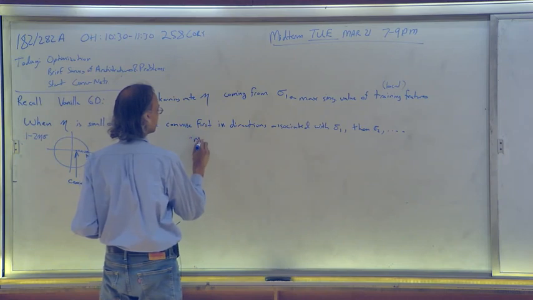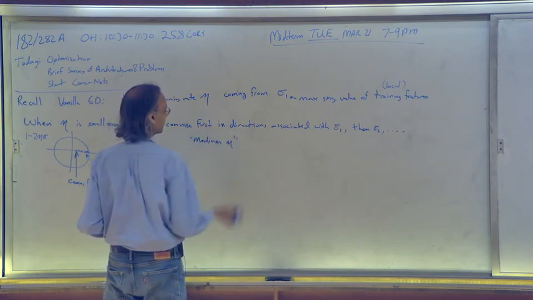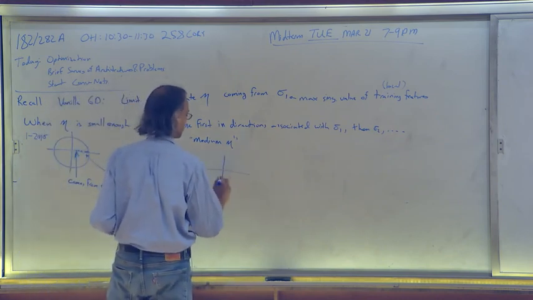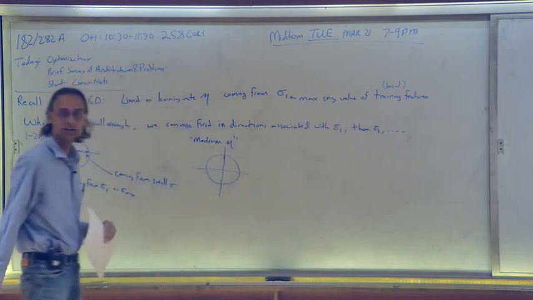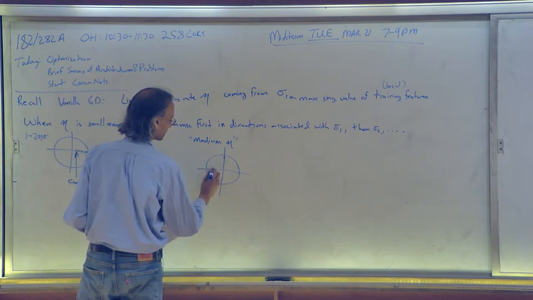quote, medium values of eta. So for medium values of eta, what you get is, on the unit circle, some things have crossed over, perhaps.